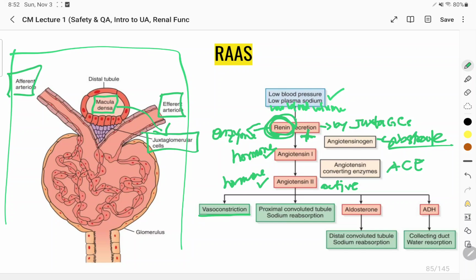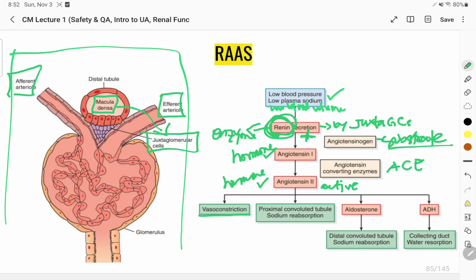So what the body does is it constricts your vessels para mas taas ang pressure, para mas taas ang pagsug sa imuhang dugo. So your afferent artery will dilate, but your efferent will constrict, and other vessels will also constrict.